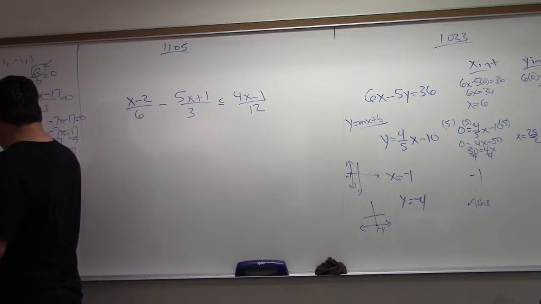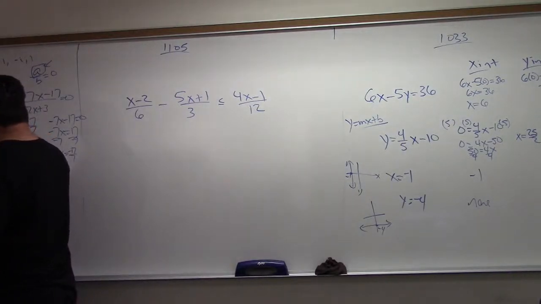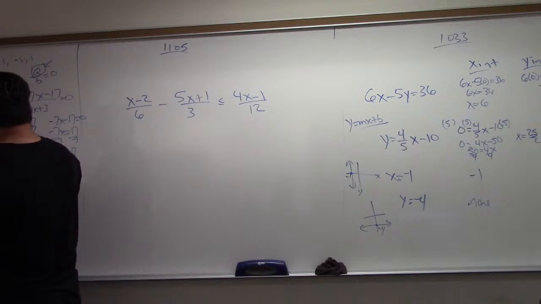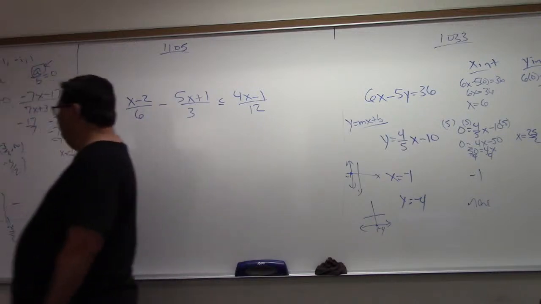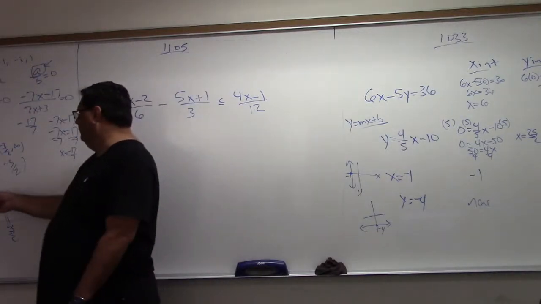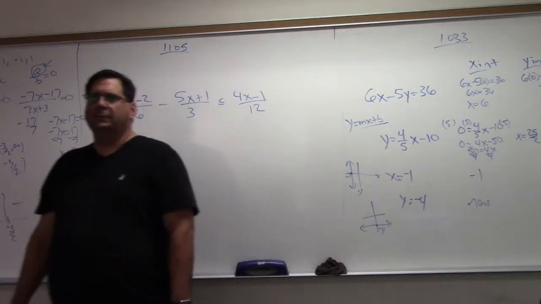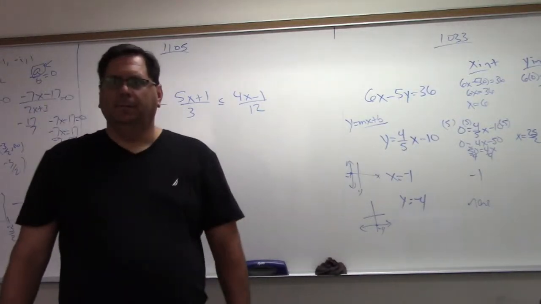Negative infinity. The third part: negative 17 sevenths to negative 3/2. Should be able to bracket both? No, bracket on the negative 17/7, parentheses on the negative 3/2.